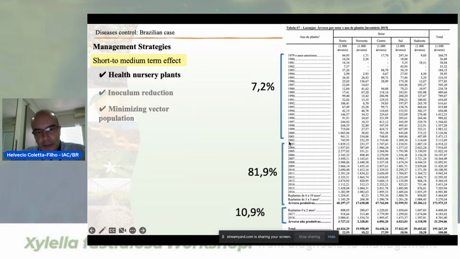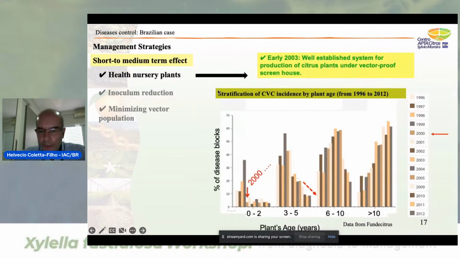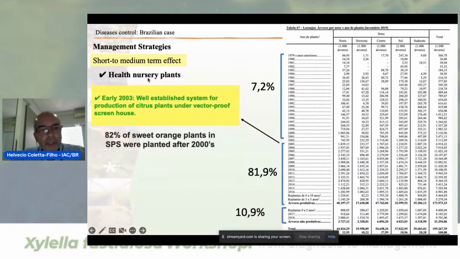You can see that from almost 2002 to today, almost 82% of the sweet orange plants in São Paulo State were planted after 2002. I mean that all of these plants came from the certified citrus nursery program.